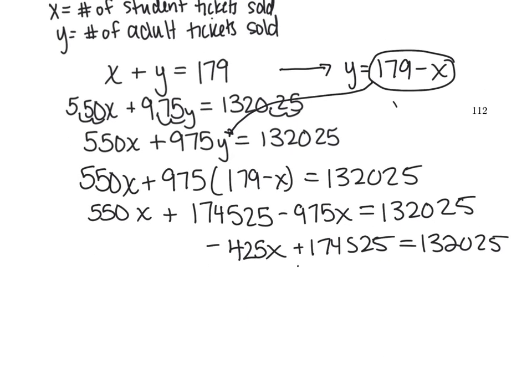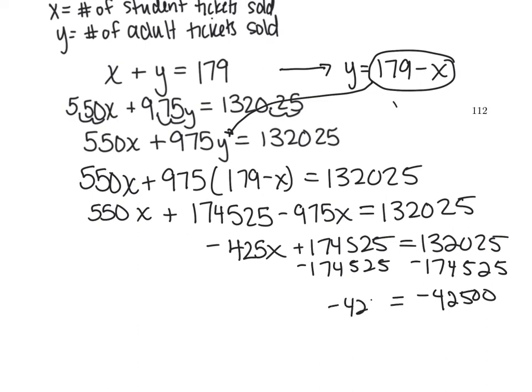And then I'm going to subtract this to the other side. Negative 42,500 equals negative 425x. So x is going to be 100.